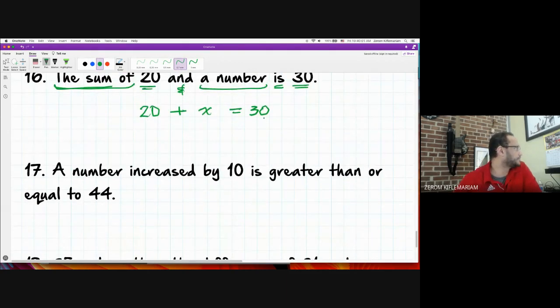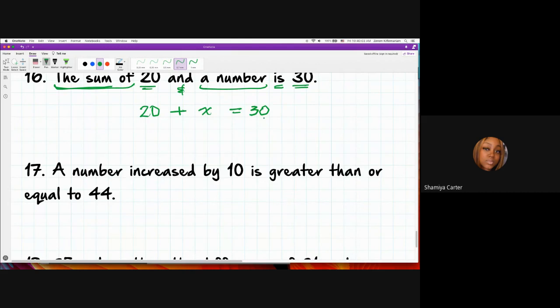17 would be what? x plus 10. And then you can do the greater sign and then equal and then put 44. Say it one more time. x plus 10 and then you do the greater sign and then equal 44.